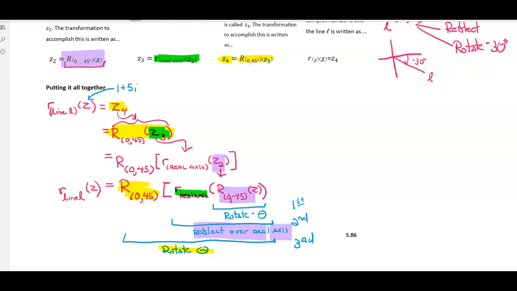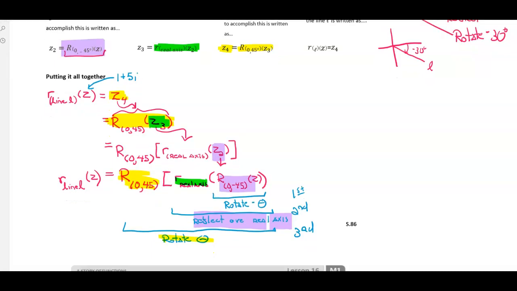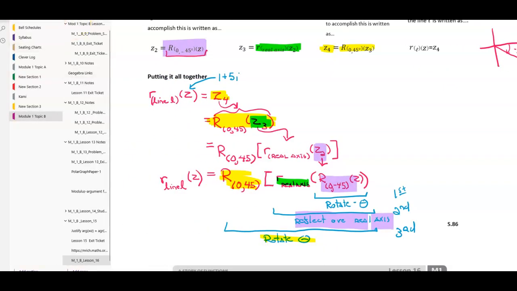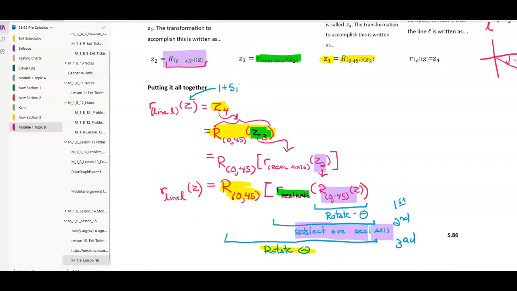So if I was color coding this, these are my steps. I mixed up my colors there. Let's go. Undo. There we go. Okay, so this is supposed to be reflect.